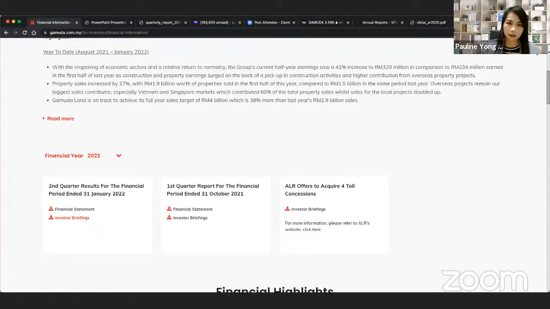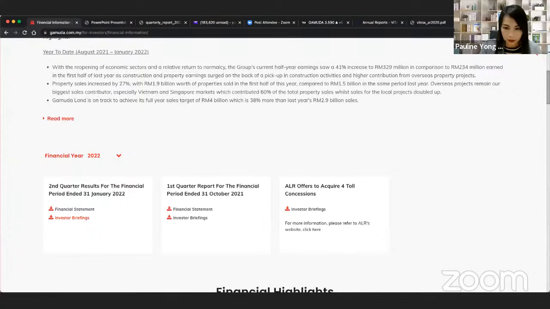So this is already the second quarter. So when is the financial year end? Yes, it's in July. So with July ending, the new month will be August. August, September, October become the first quarter of the company.